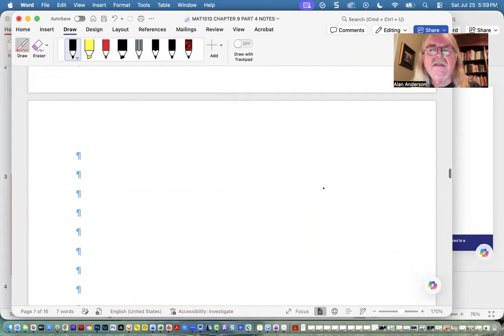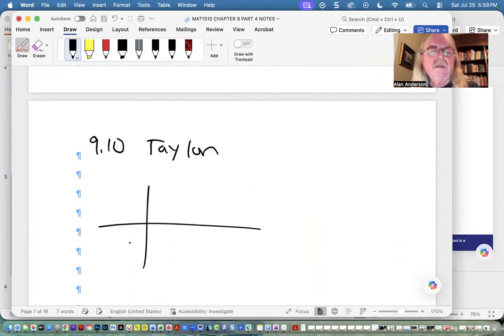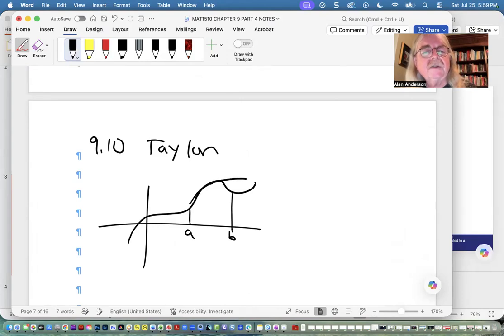Like let's say you've got this scary high order polynomial and you're interested in approximating it with a quadratic function, let's say over this interval. You can use a Taylor series to come up with a quadratic function in this interval that does a very nice job of approximating this messy polynomial.